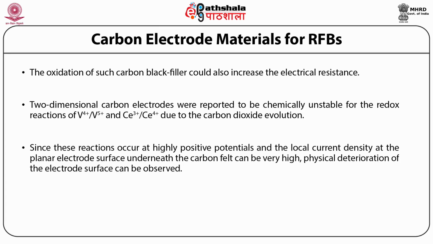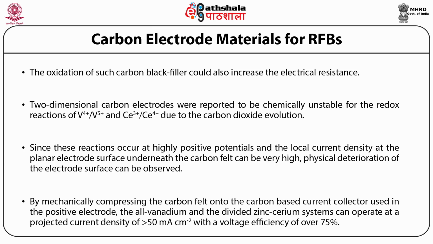Since these reactions occur at high positive potentials, the local current density at the planar electrode surface underneath the carbon felt can be very high. Physical deterioration of the electrode surface can be observed by mechanically compressing the carbon felt onto the carbon-based collector used in the positive electrode.